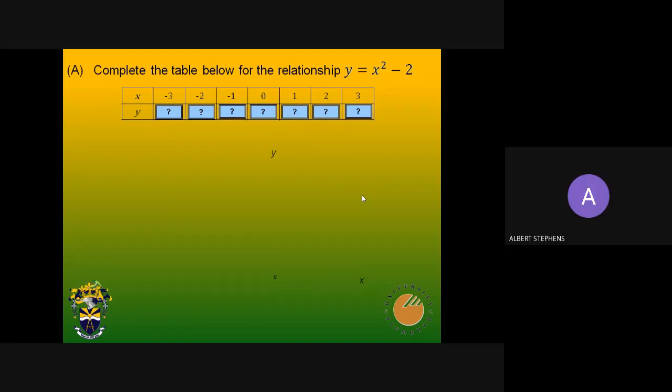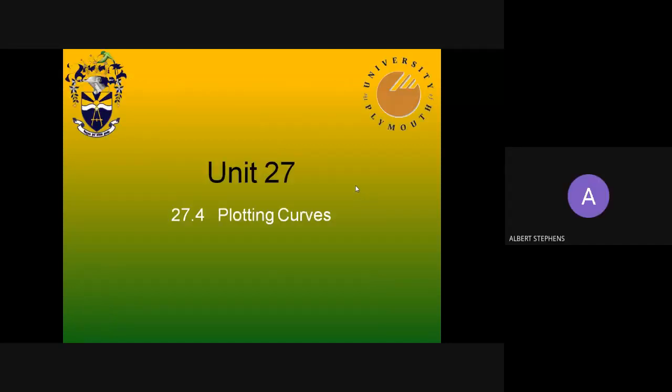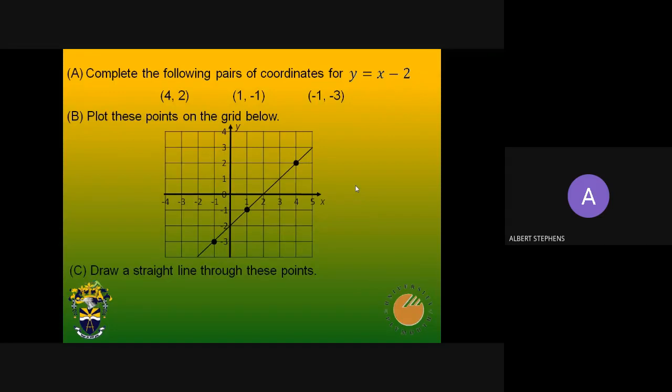Could you bring it back to the previous slide? No problem. Somebody is asking why you're talking about this point here.